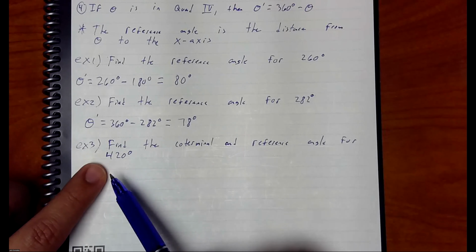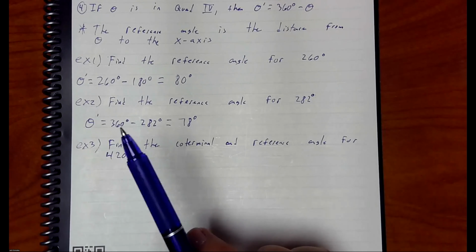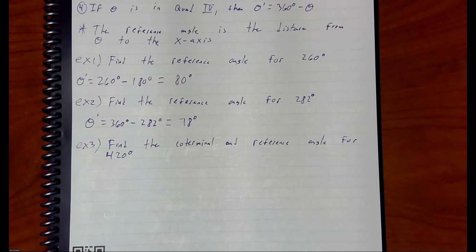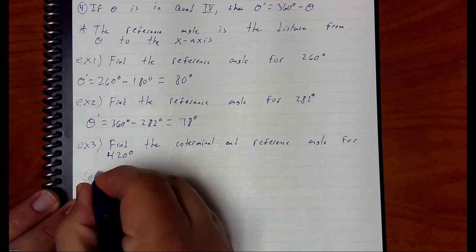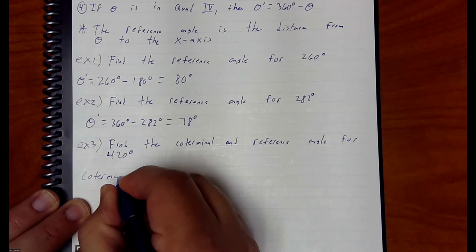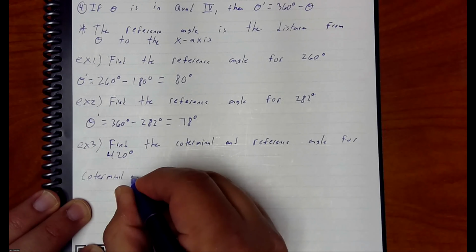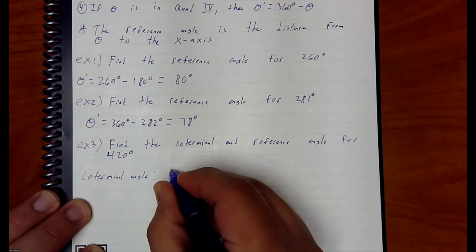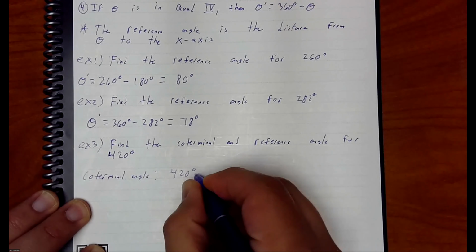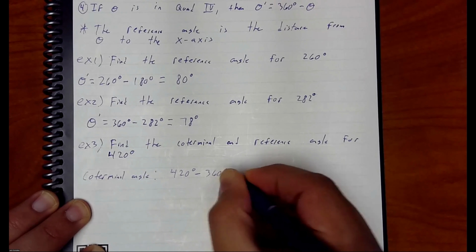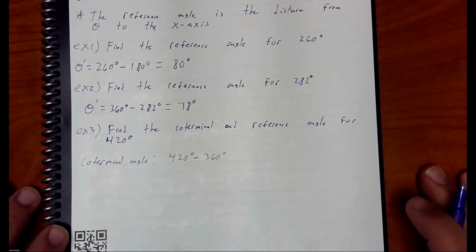So what were the rules from Wednesday? If it's too big, what do you do? The coterminal part: you take that angle and subtract 360.